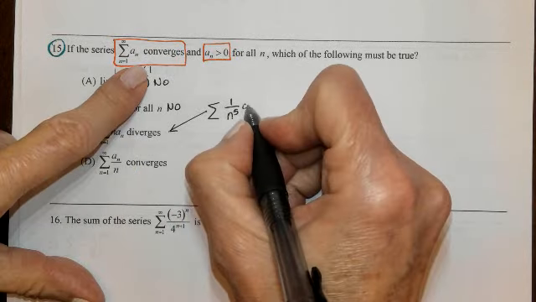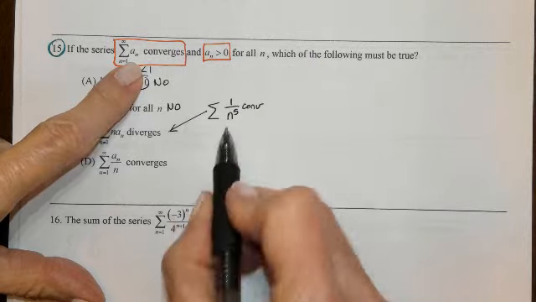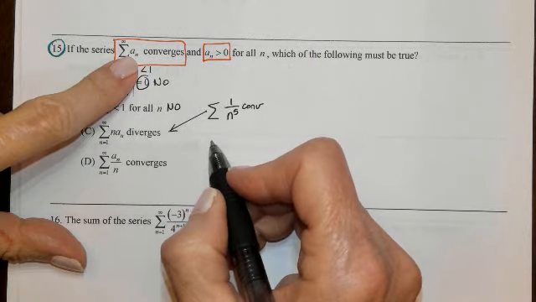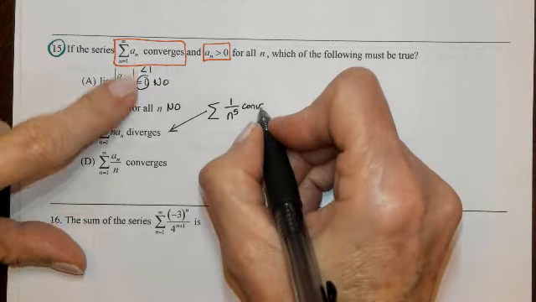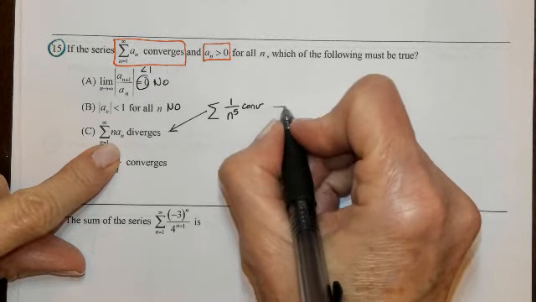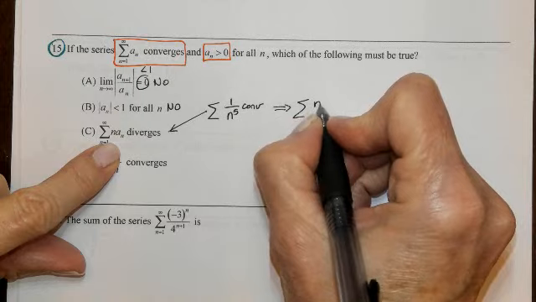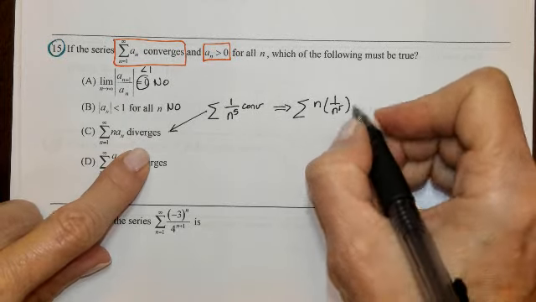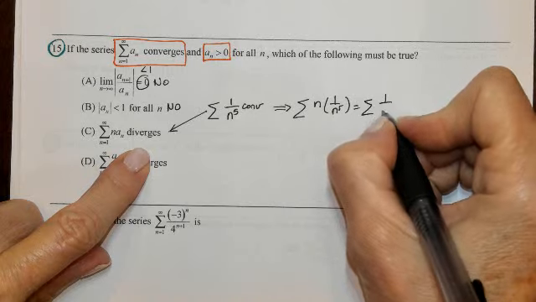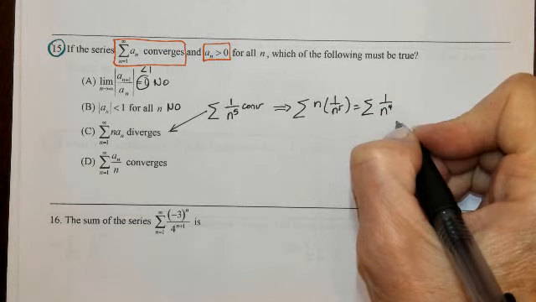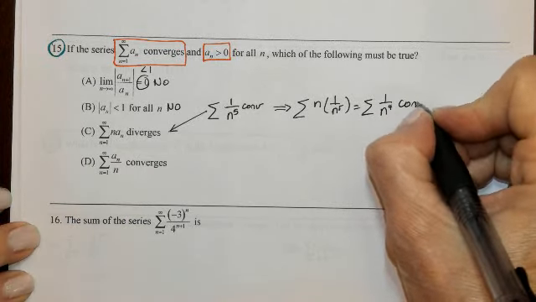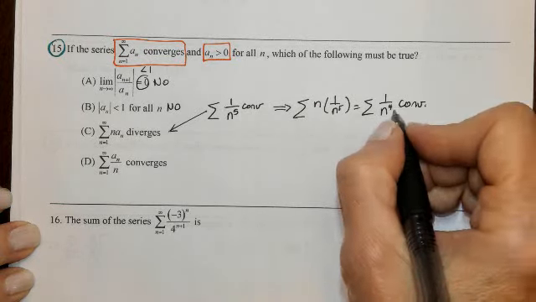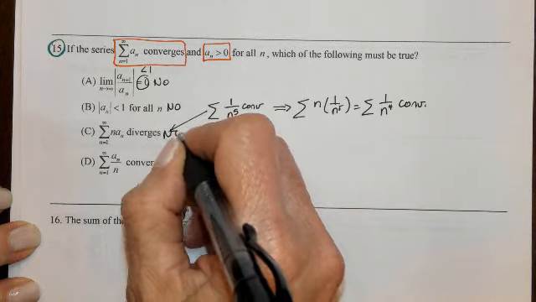That converges. So if I say 1 over n to the 5th is my a sub n, then for this to be true, that would mean that n times 1 over n to the 5th must diverge. And we know that that's not true, because n times 1 over n to the 5th is 1 over n to the 4th, and that's another converging p-series, right? Both of these are converging p-series. So this is false as well.